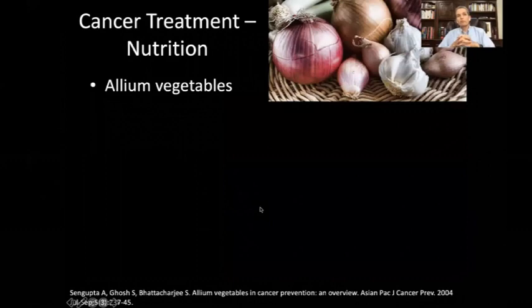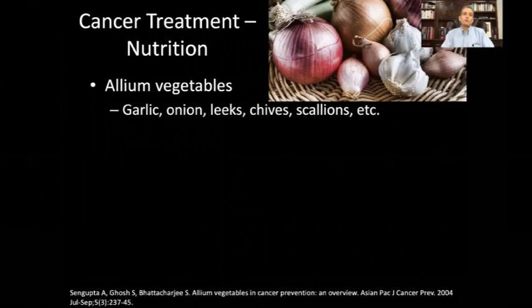The other vegetable family that is actually top of the line as far as vegetables are concerned with their anti-cancer effect is your allium vegetables. And these are wonderful things like garlic. Garlic is #1 on the vegetable list. Onions, leeks, chives, scallions, and so on. This group of vegetables are #1 on the list for anti-cancer properties.